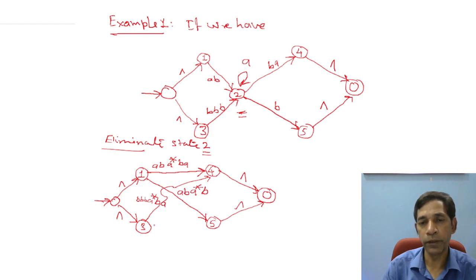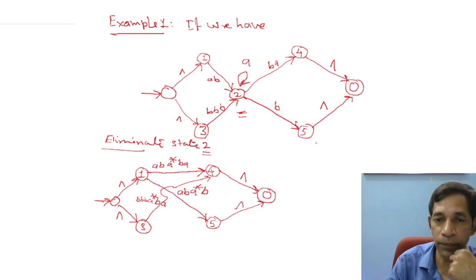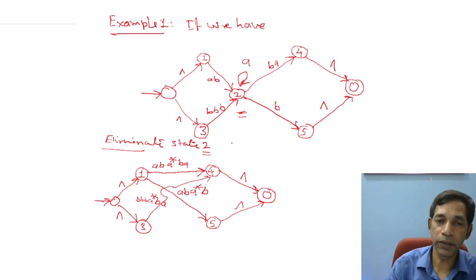Now from 3, this is one outgoing edge; the other outgoing edge goes to 5. So from state 3, you can also go to state 5. What is the regular expression for this? You are going from state 3 to state 5.